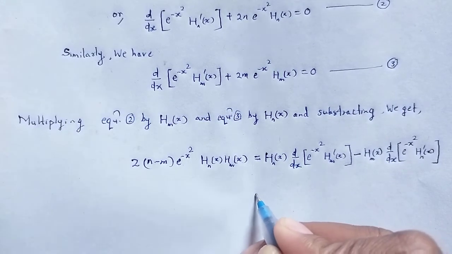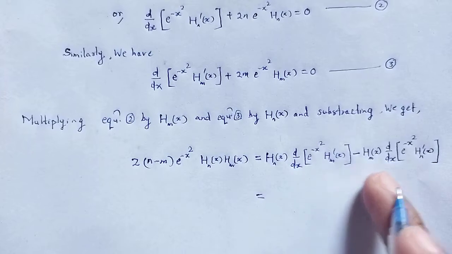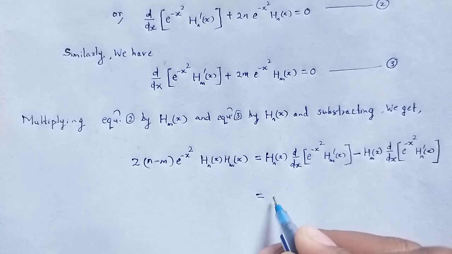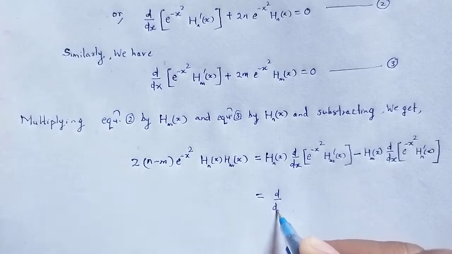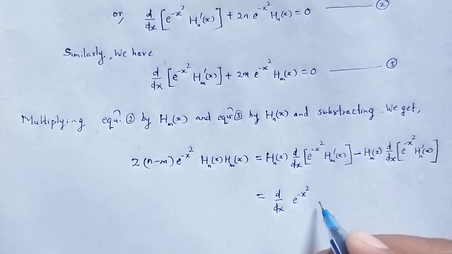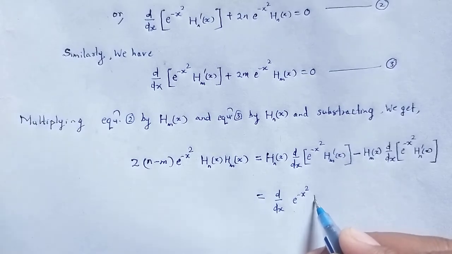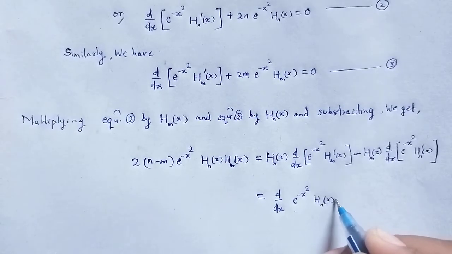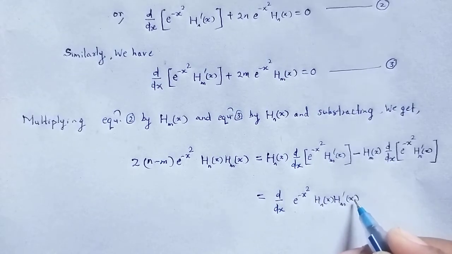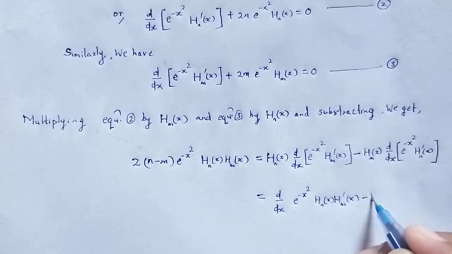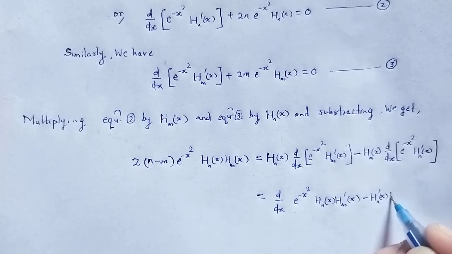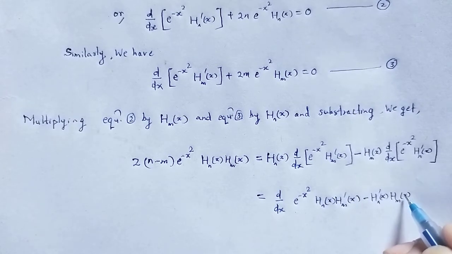Therefore, in that term we have d by dx of e to the power minus x square times Hn x Hm dash x minus Hn dash x Hm x.